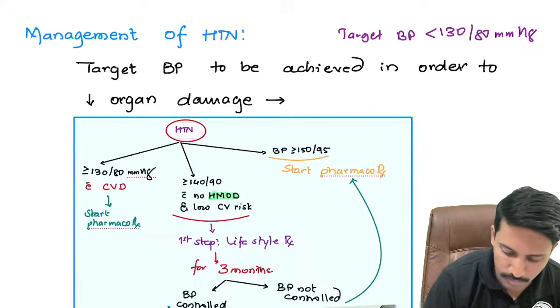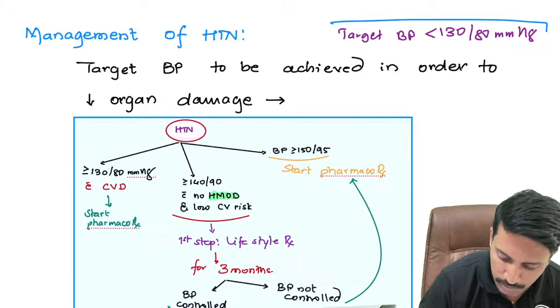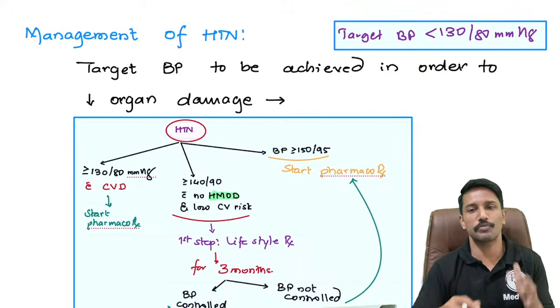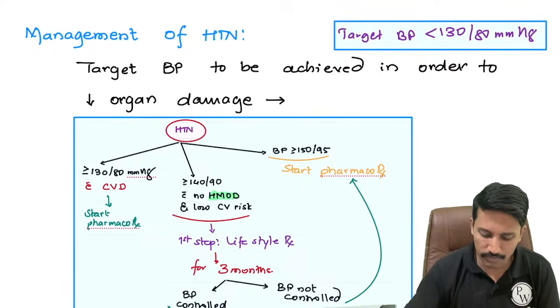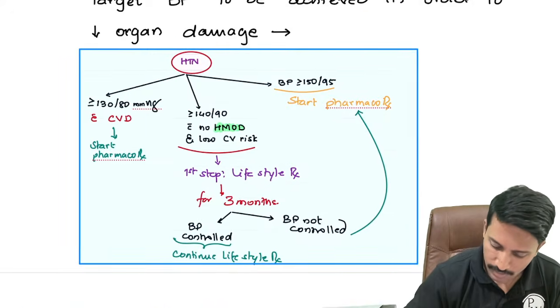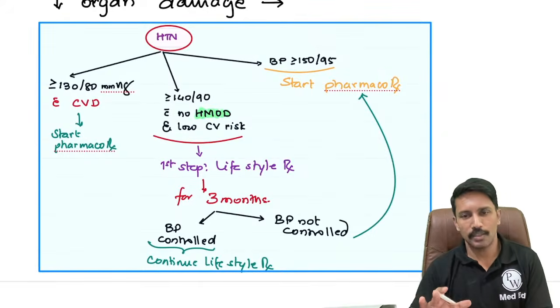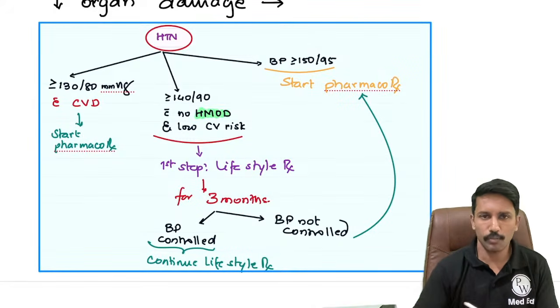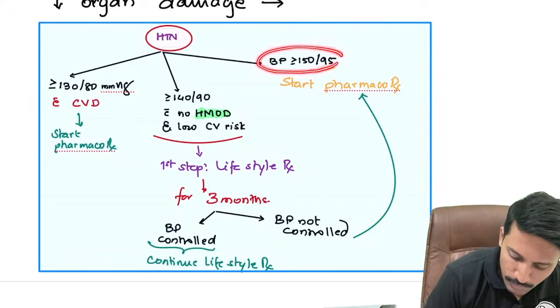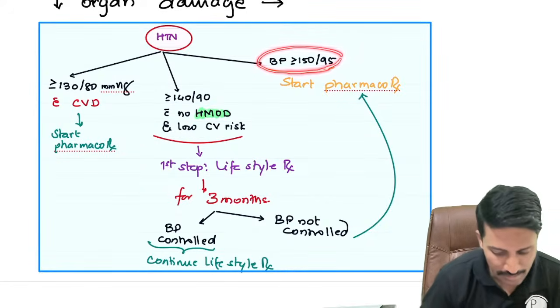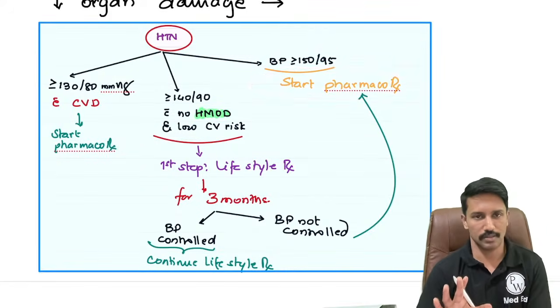Only if I maintain the BP less than 130 by 80 millimeters of mercury, my patients will not suffer acute and long-term complications of BP. So to achieve that, I have to use drugs in the form of pharmacotherapy and also lifestyle modification. So how do I decide? If the patient's BP is more than or equal to 150 by 95, immediately I have to start drugs.